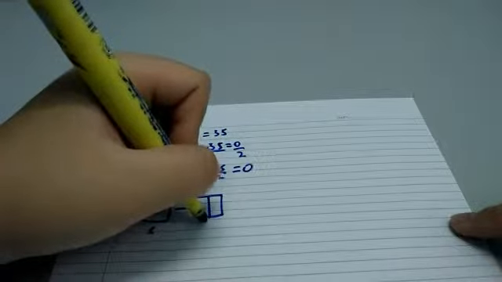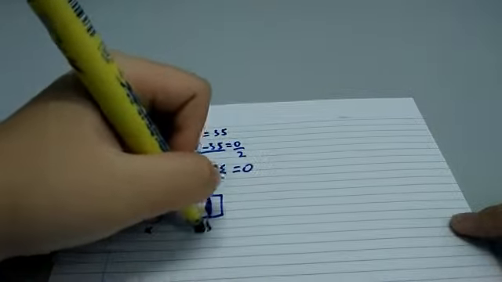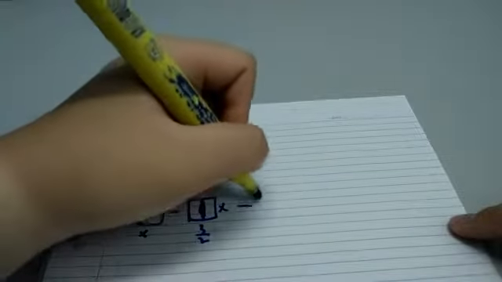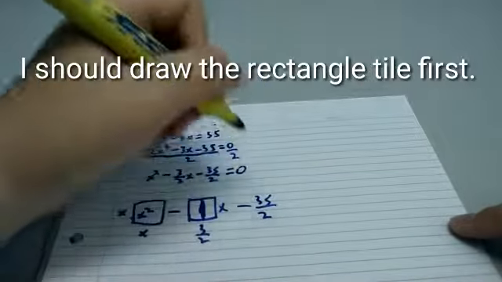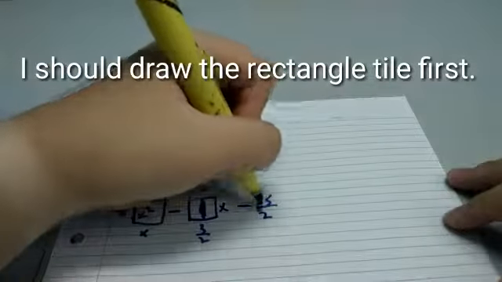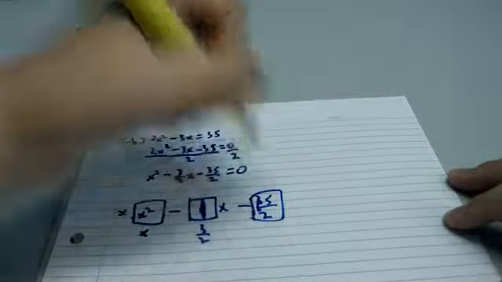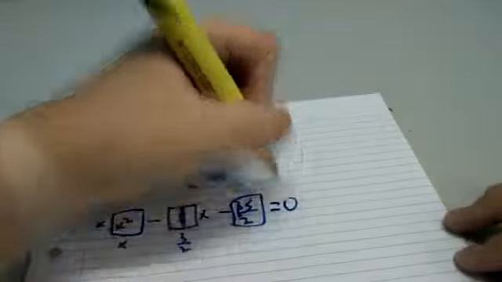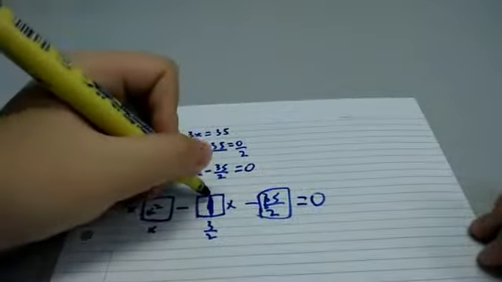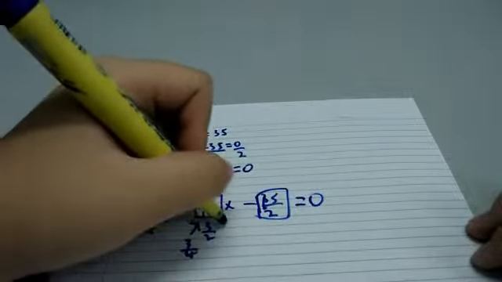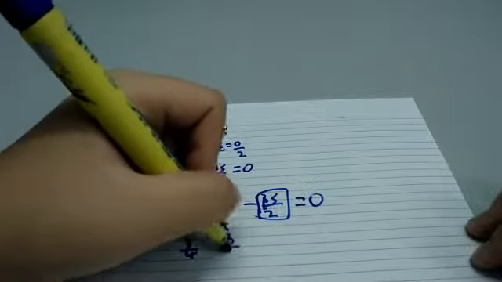Here is 3 over 2 x, and here is minus 35 over 2. I have this big rectangle equal to 0, and then we need to divide this into 2 parts. So here we count 3 over 4, and then here also 3 over 4.